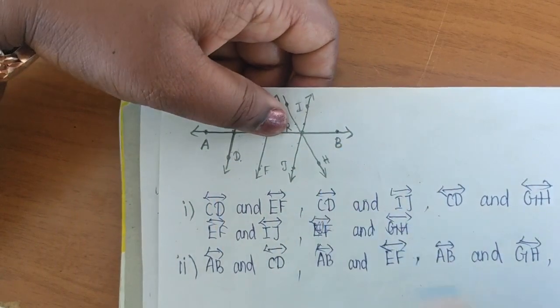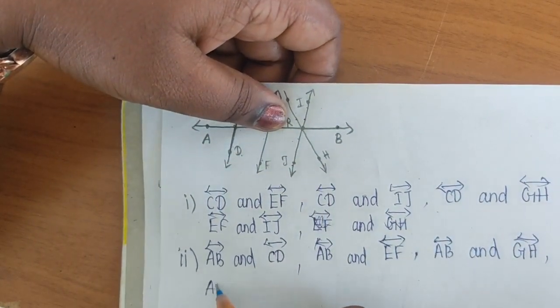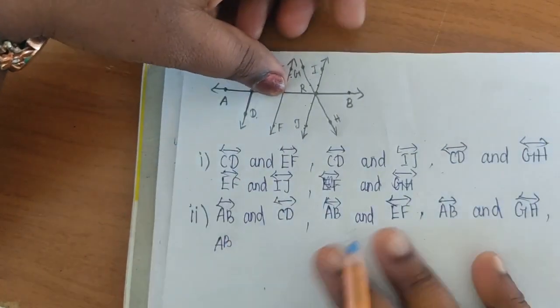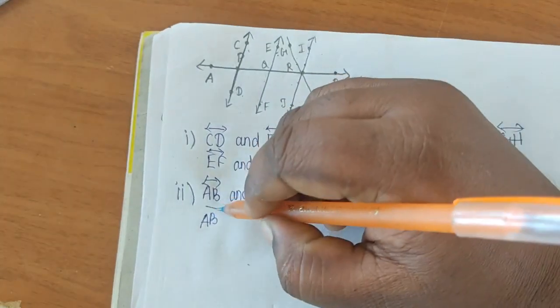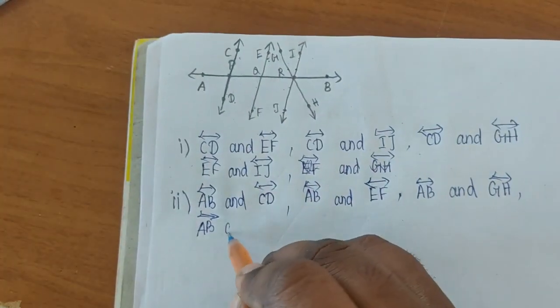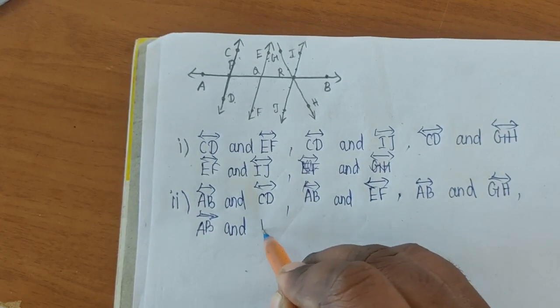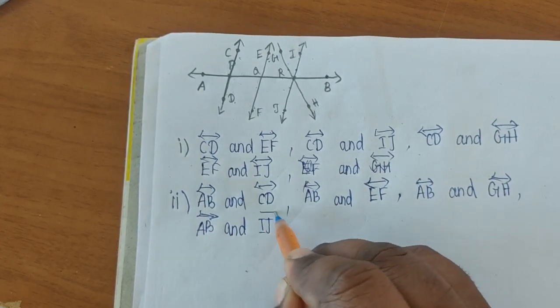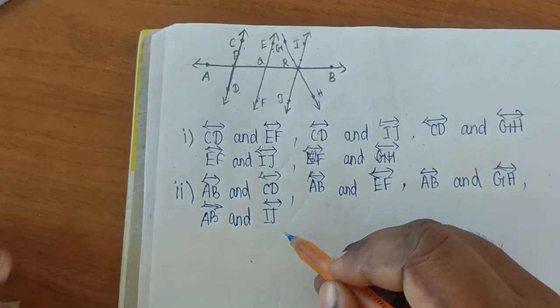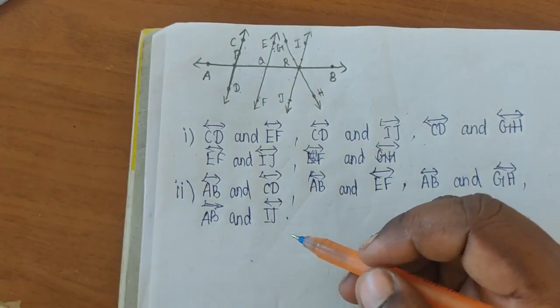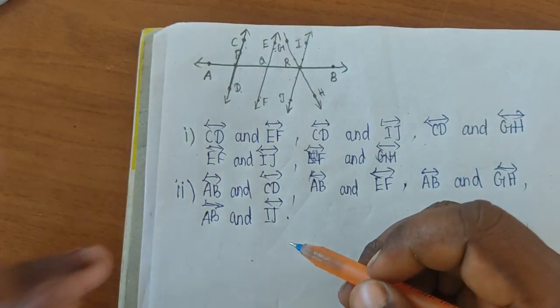AB and IJ. Okay students, third one, points of intersection.